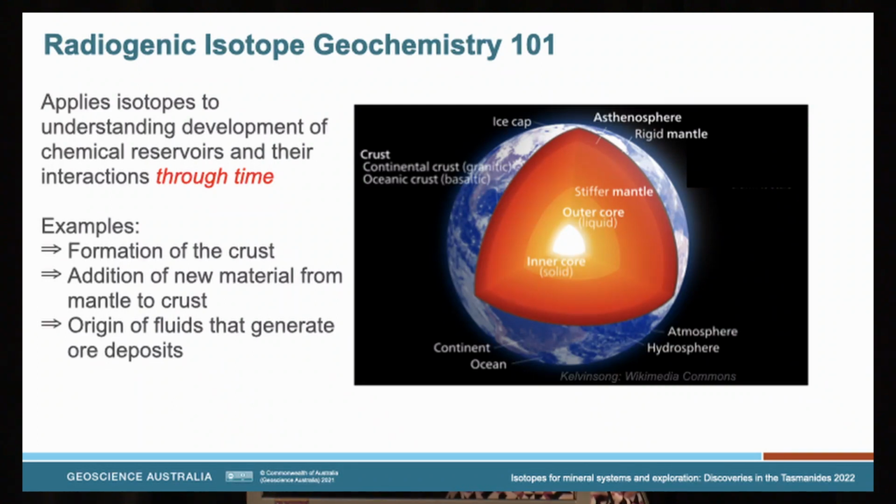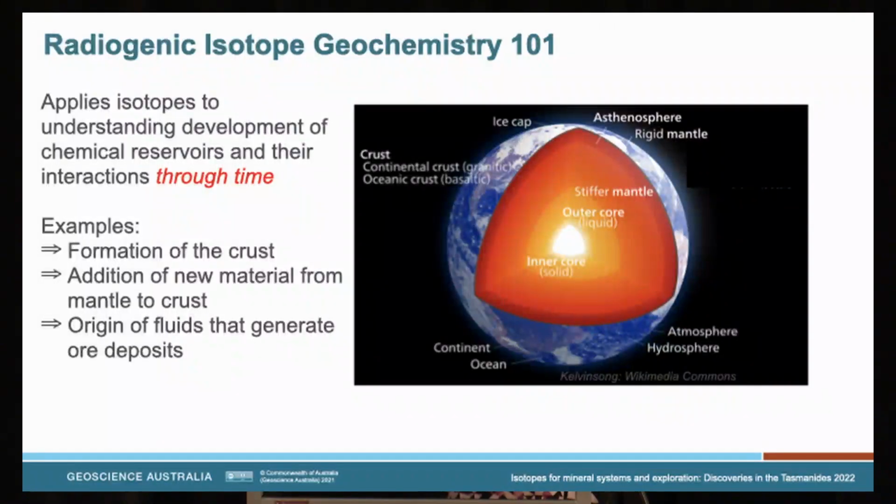With that also in mind, I need to refine the scope, and in this talk I'll mainly be focusing on the radiogenic isotopes that we use for geochemistry and geochronology. Keeping in mind that yesterday we heard some talks about oxygen and sulfur as examples of other isotope systems.